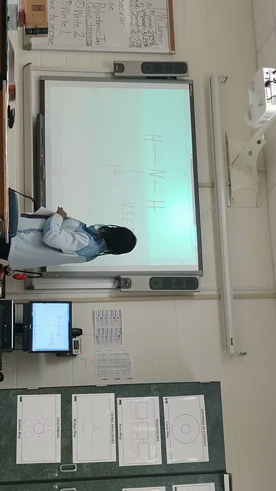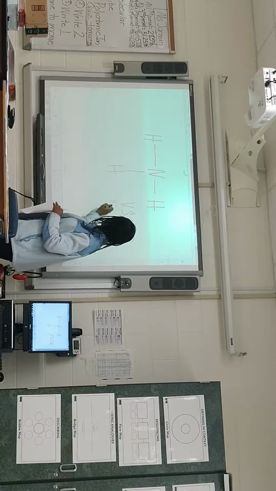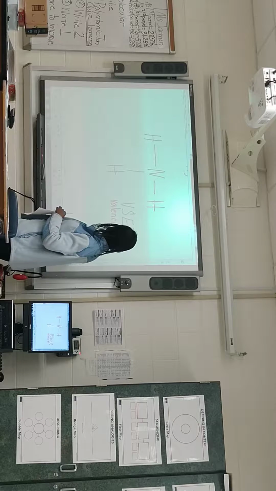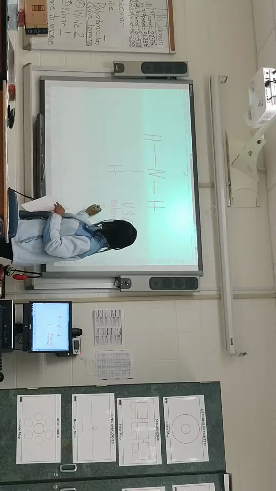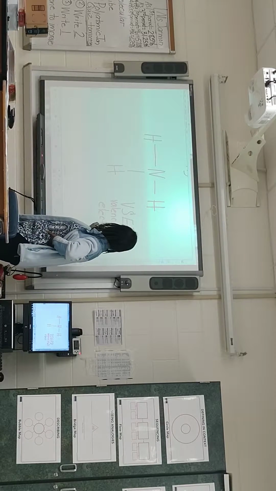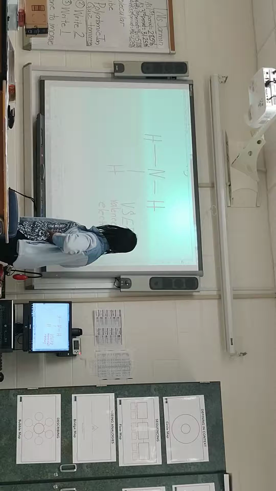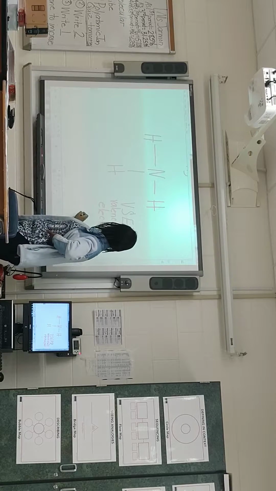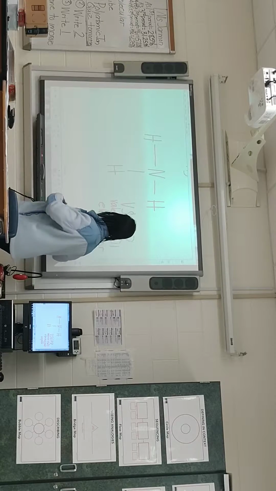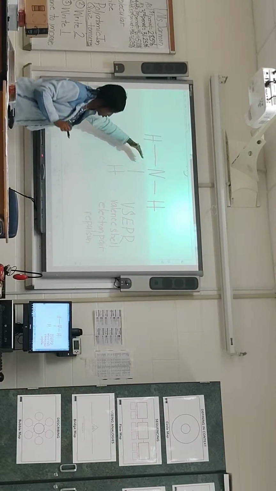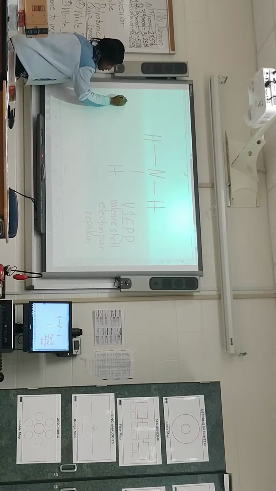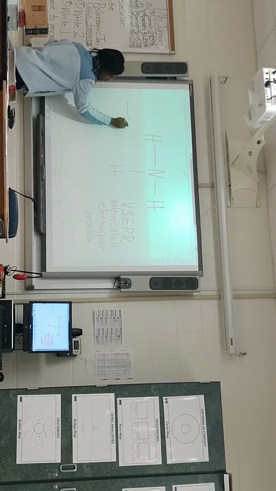Because of VSEPR. VSEPR stands for valence shell electron pair repulsion. When we're drawing bonds and connecting elements to elements, each one of these bonds represents 2 dots.